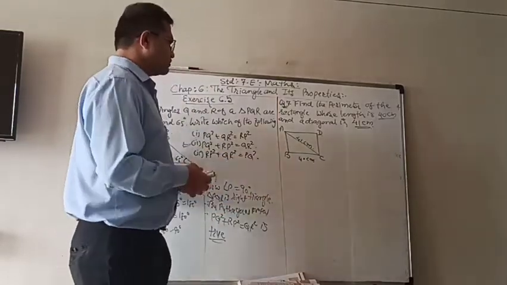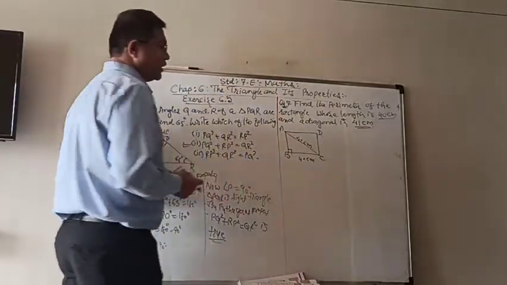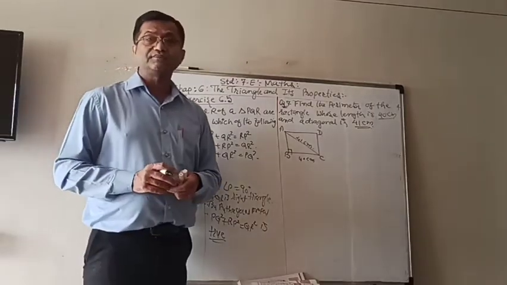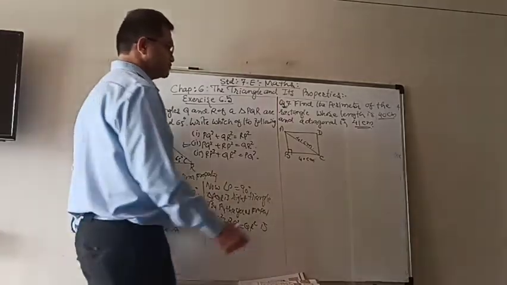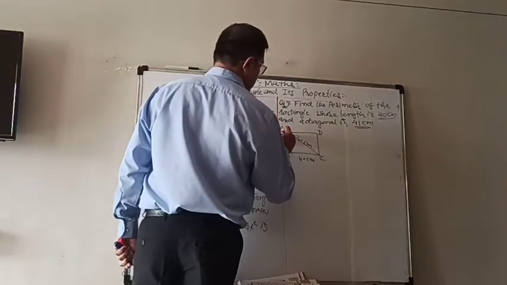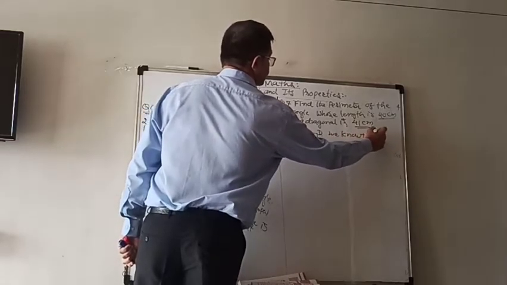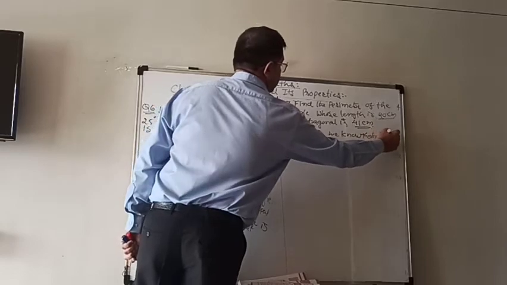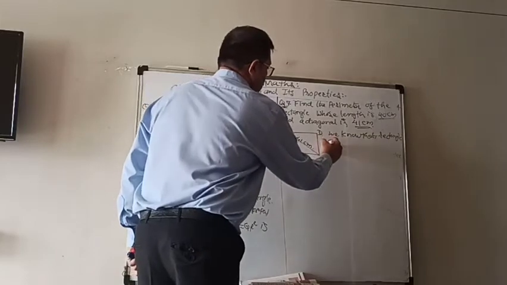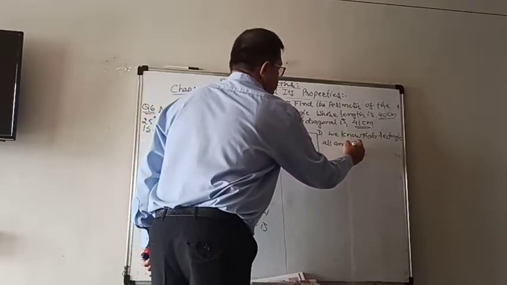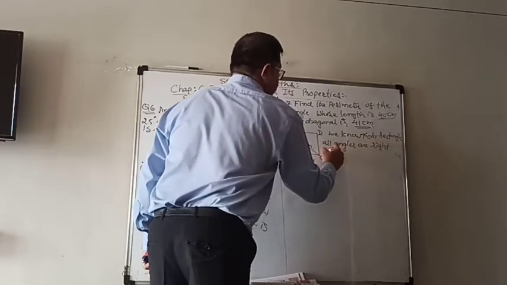So according to that, first we are aware that in a rectangle all the angles are right angle. And therefore here triangle ABC becomes a right triangle. We know that in rectangle all angles are right angles.